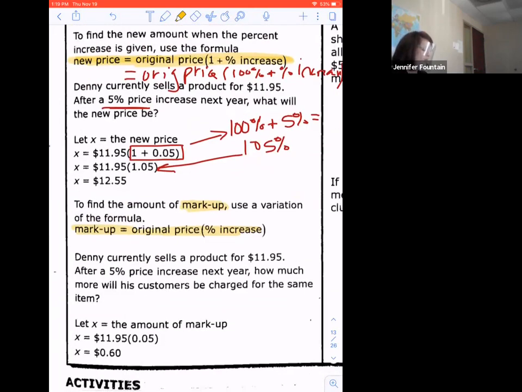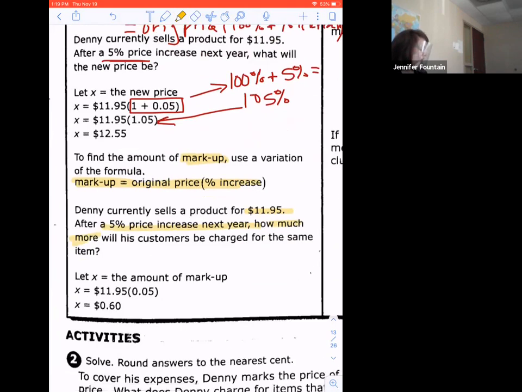Again, we've got the product selling for $11.95. That's the same. 5% increase next year. That's the same. But now it says, how much more is he being charged? Instead of saying, what is the new price? It's how much more. So we've got our original price times the percent markup. So if it's a 5% markup, it is written as a decimal as 0.05.